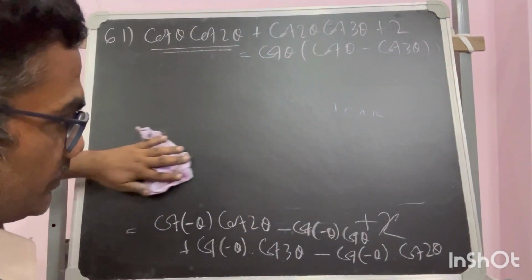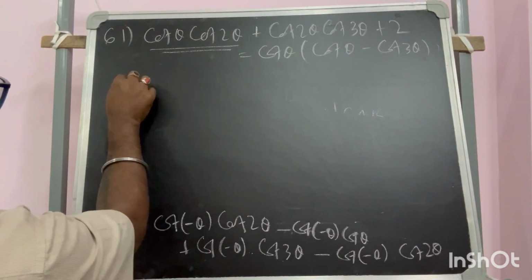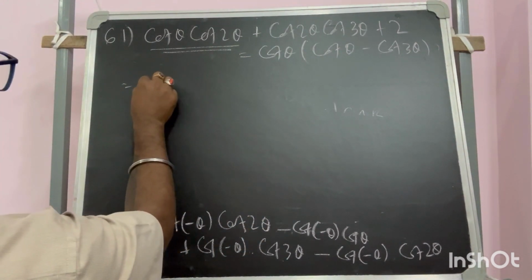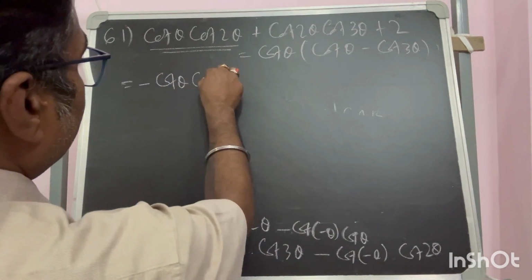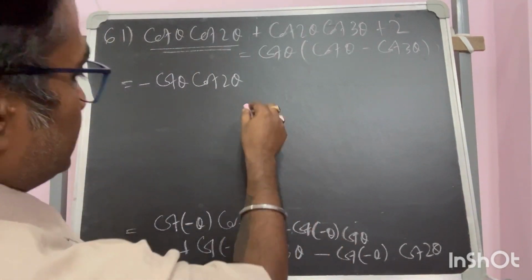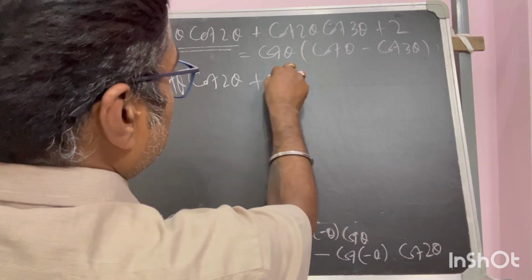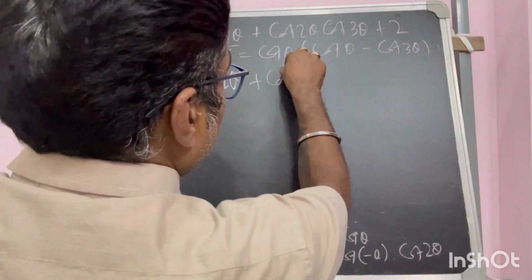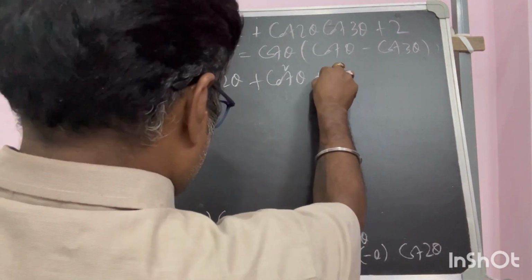Now I see cot of minus theta is equal to minus cot theta into cot of 2 theta, I am writing. Here cot of minus theta is equal to minus cot theta, this minus minus plus, so this will become cot squared theta, cot theta and cot theta, plus third term.